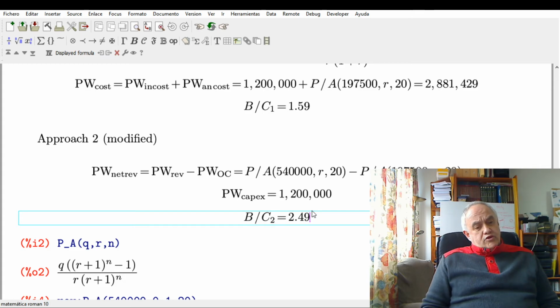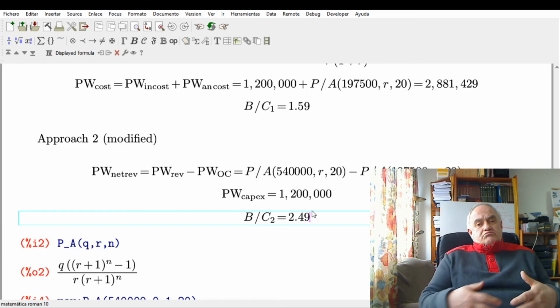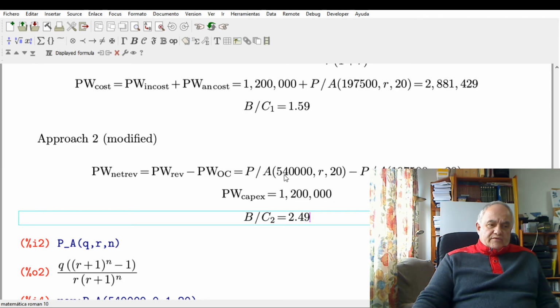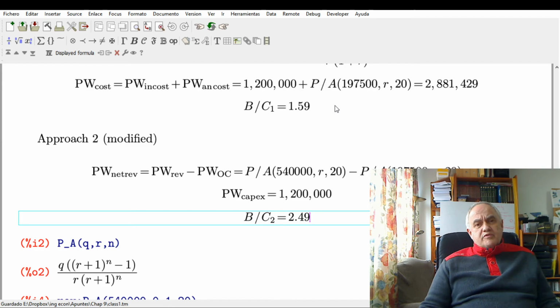We are obtaining 2.4, 2.5 dollars per dollar. Okay, the net revenues we will obtain, that is the actual benefits we will obtain, will be more than twice the investment we need. This is much more important to describe the situation of the initial investor, but the other one, the first one, will be possibly more powerful in order to show the actual performance of the cash flow associated to the project. So two alternatives, both of them say the same about the project, but measure with different units.